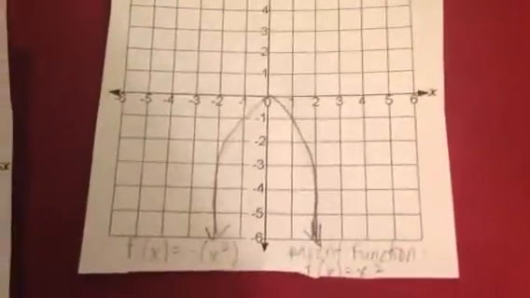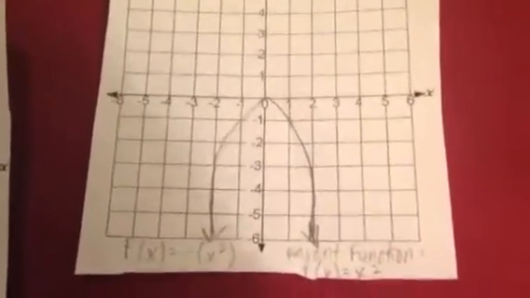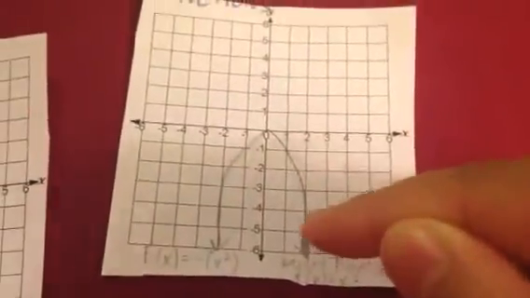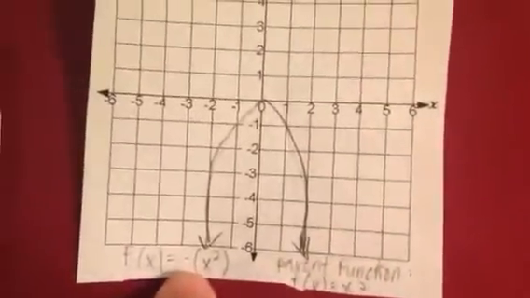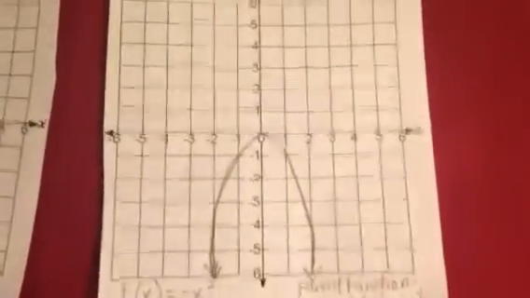On to the next. Now this is -x². So this one is going down because it's negative. So the transformation is that it's going upside down. And the reason why is because of the negative right here. And this one is the exact same thing as the previous one.